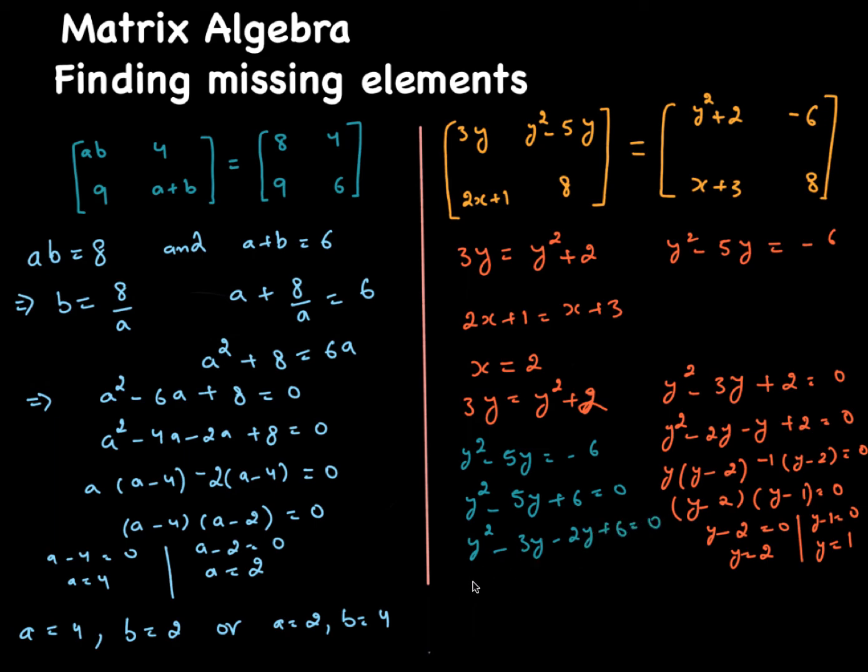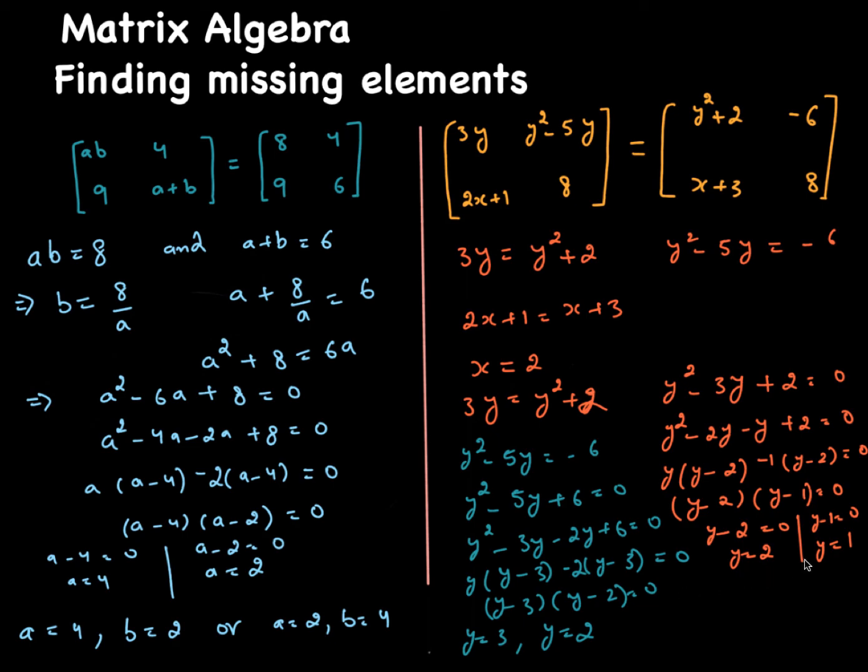And now take out y common, y minus 3, and here y minus 3 and negative 2 is equal to 0. So this gives me y minus 3 into y minus 2 is equal to 0. So either this is 0 or that is 0, so y is equal to 3, or y is equal to 2.